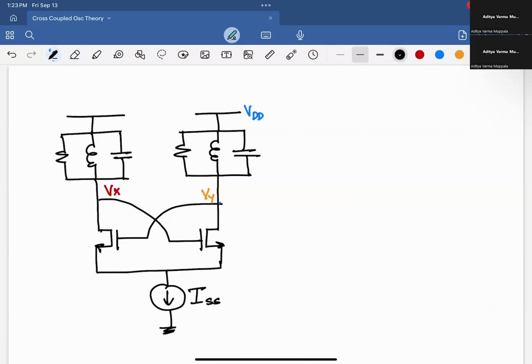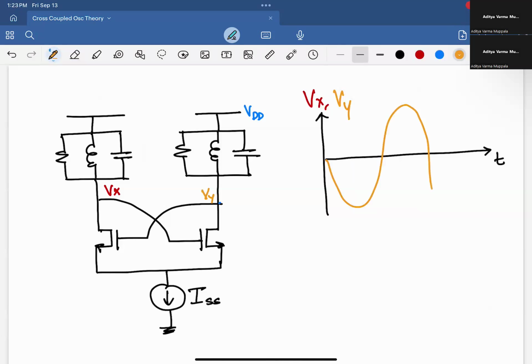So if you go ahead and plot again what the voltages and currents look like with respect to time, let's say this is Vx and Vy. Let's use maybe different colors for both. We said Vy looks like a sinusoid like this, and Vx looks like a sinusoid like this, right?